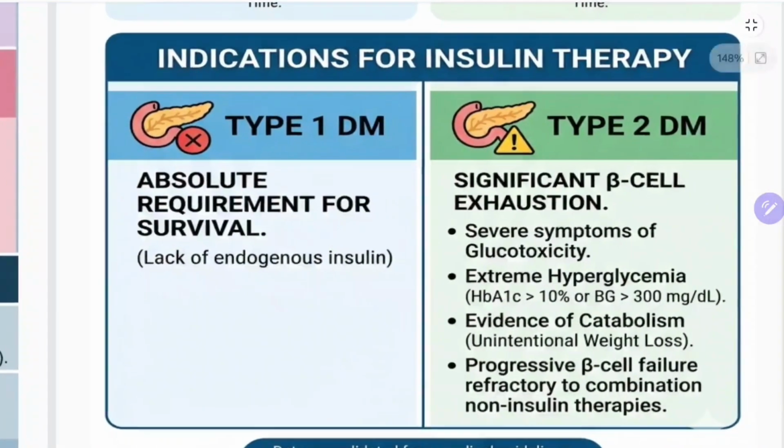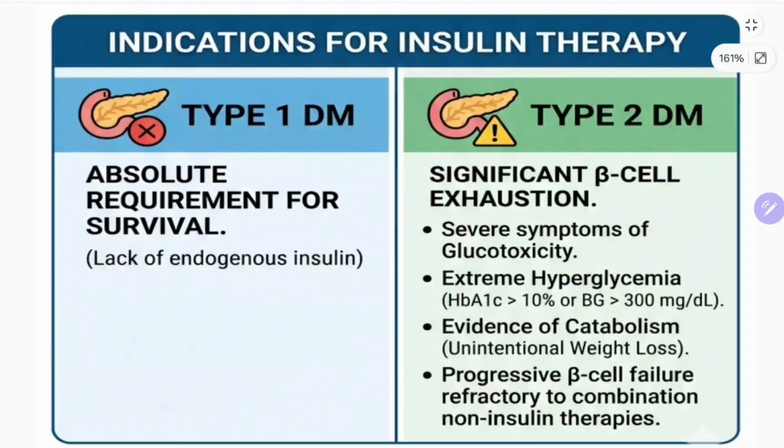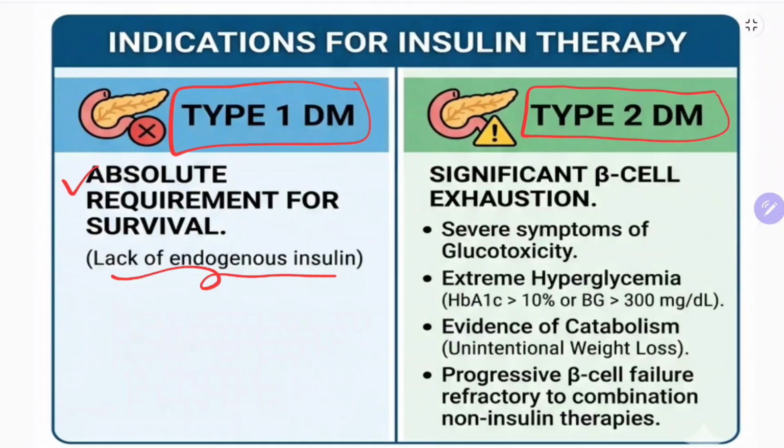Now, what are the indications for insulin therapy? In type 1 diabetes mellitus, it is absolutely required because there is no endogenous insulin secretion. But in type 2 diabetes mellitus, it is not an absolute indication. The main thing is there should be significant beta cell exhaustion in a type 2 diabetes mellitus patient, then only is insulin required.